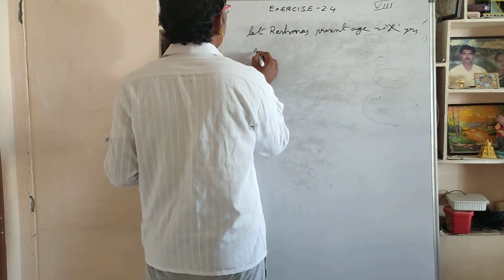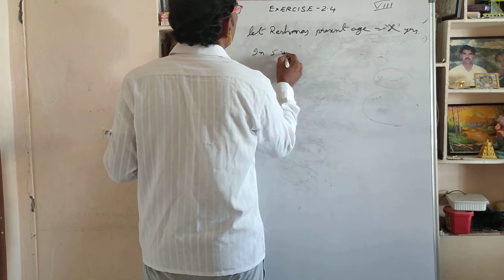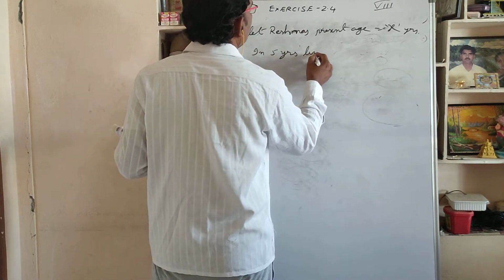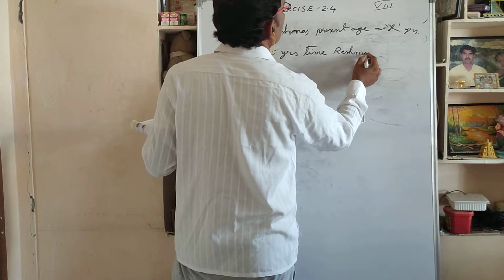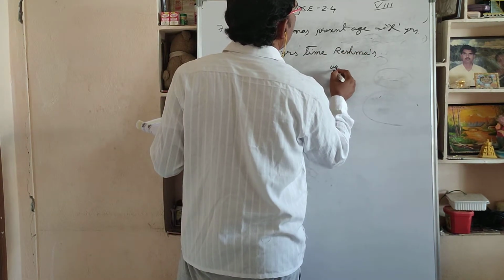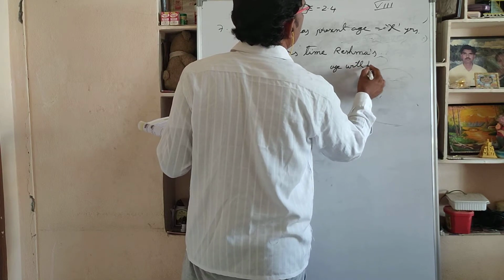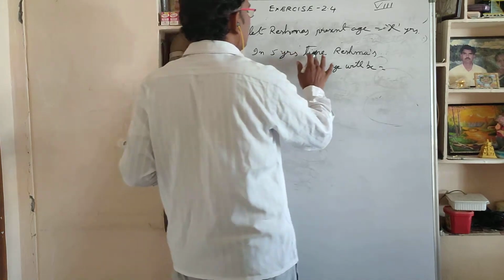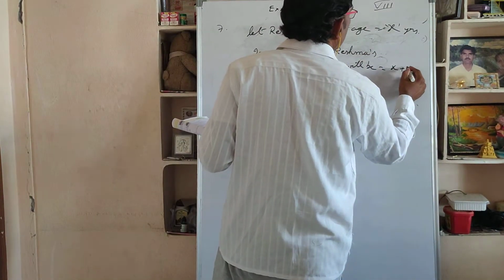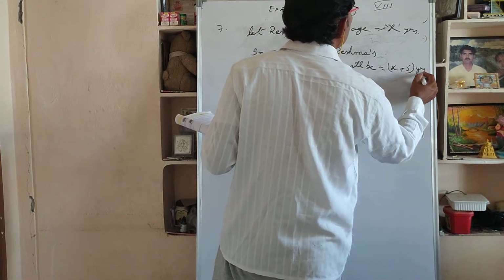So in 5 years' time, Reshma's age will be, in 5 years' time means, in previous problem I said 5 years' time means you have to add 5. X plus 5 years it becomes.